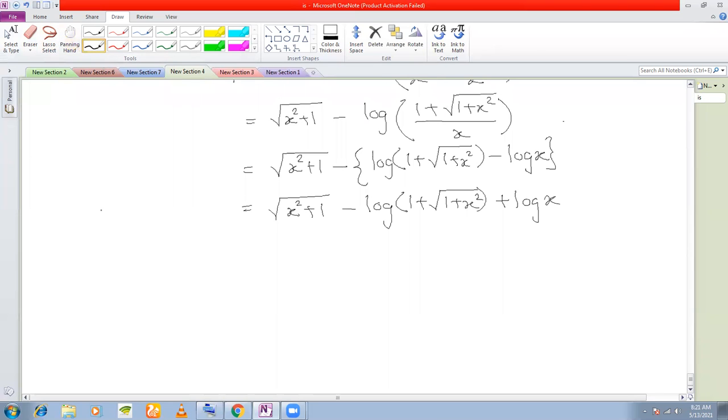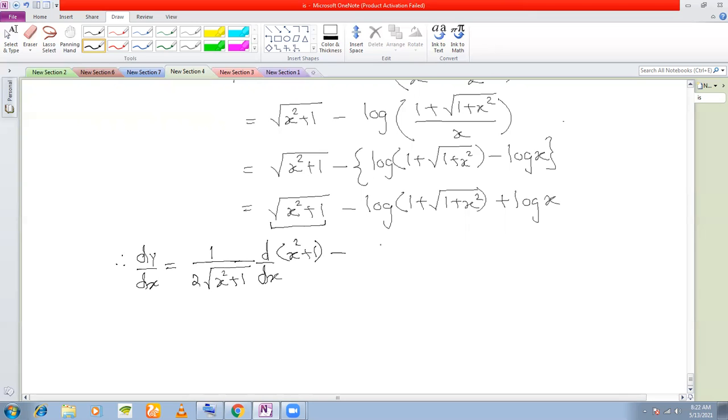So now we'll differentiate this. Therefore, dy by dx is equal to, first we'll differentiate this. What is the differentiation of this? 1 by 2 root, first you'll differentiate the radical, isn't it? Into d by dx of whatever is inside the radical, x square plus 1. Minus.